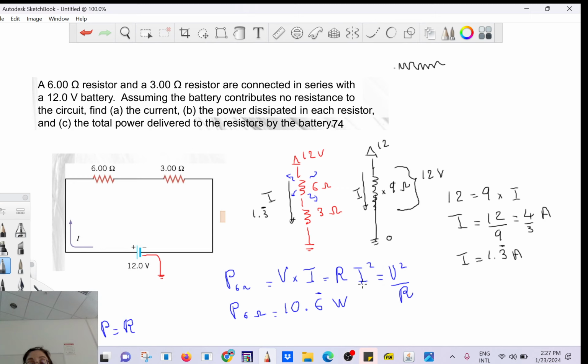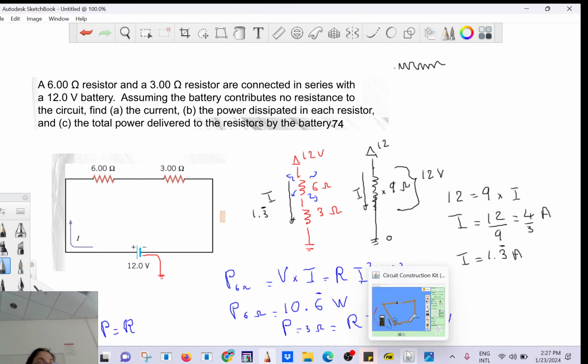So Ri square and V square over R. And the power for the 3 ohms is going to be what?